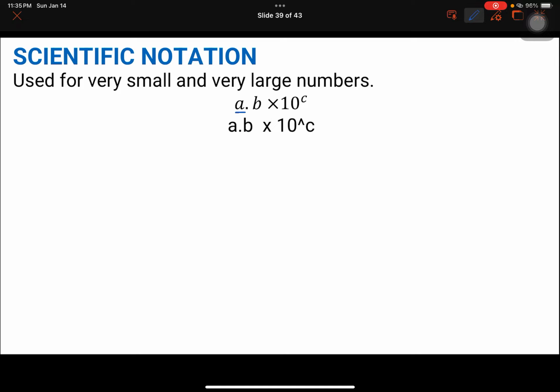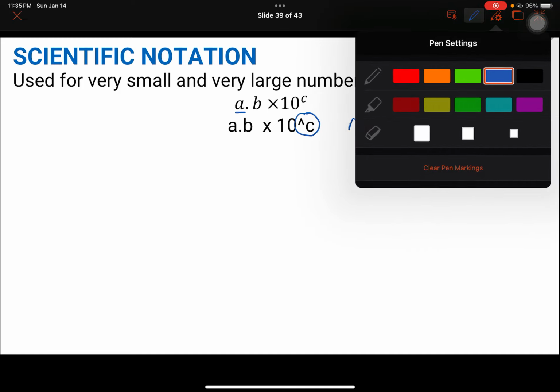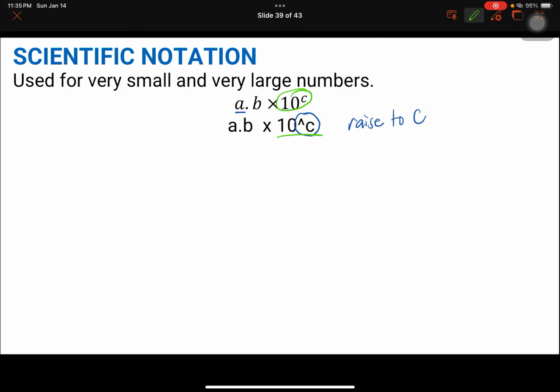Okay? So, we can rewrite it as A point B times 10 raised to C, exponential. Tandaan nyo na, raised to C. Some problem natin, hindi ganito yung makikita nyo. Hindi nakaganyan, kundi nakaganto. Okay?